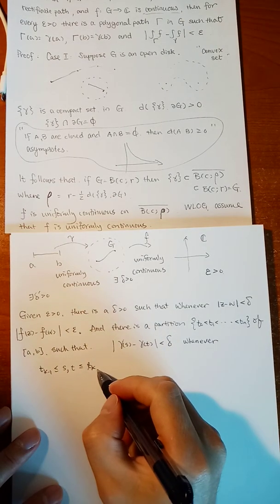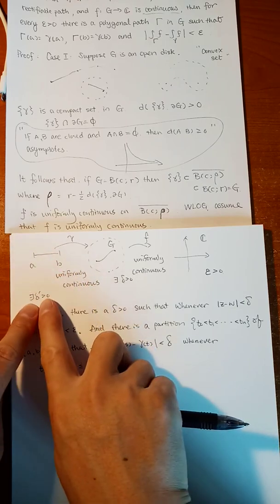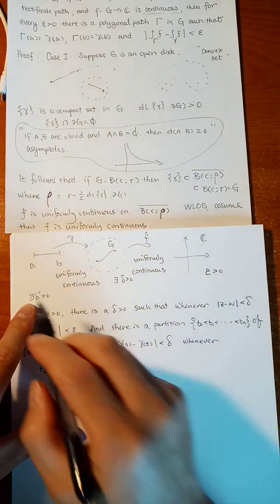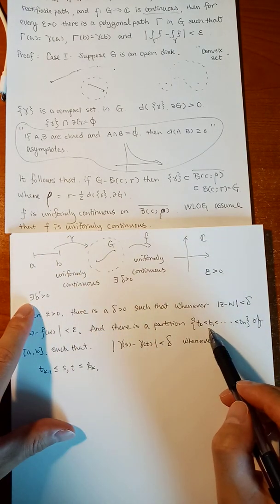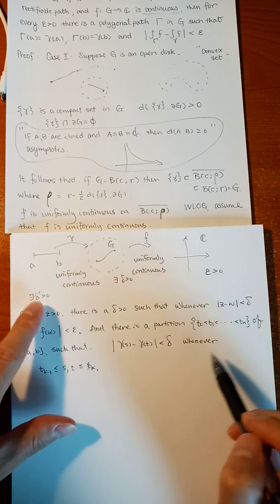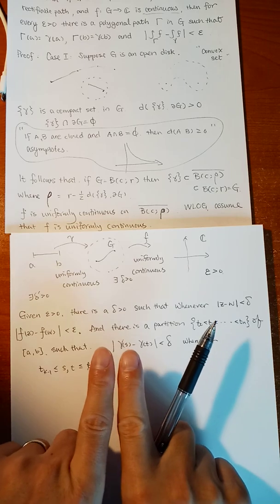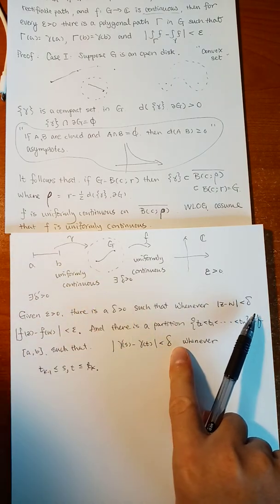Okay, so you have a partition of AB so that the norm of the partition will be less than delta prime, so that whenever you get a pair of points from one single subinterval, they are close enough so that the images will be less than delta.